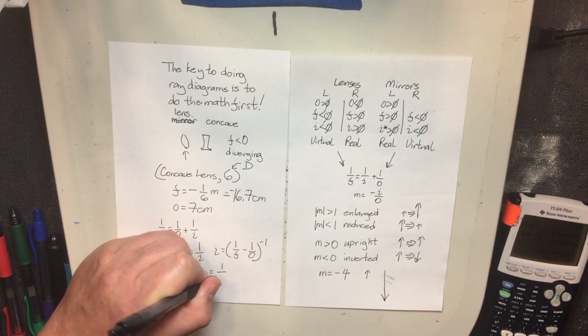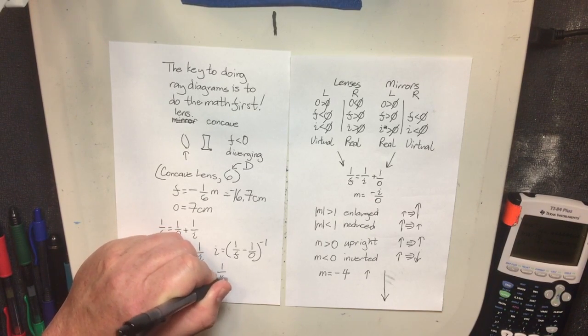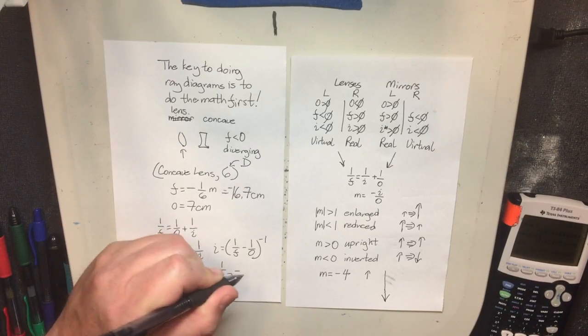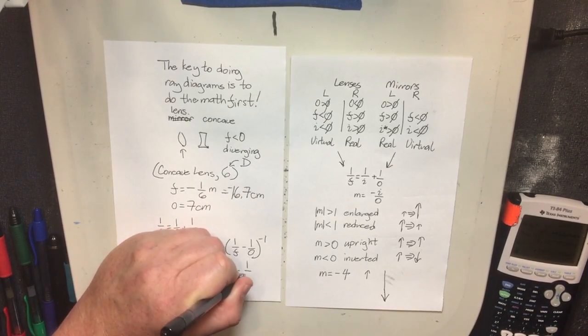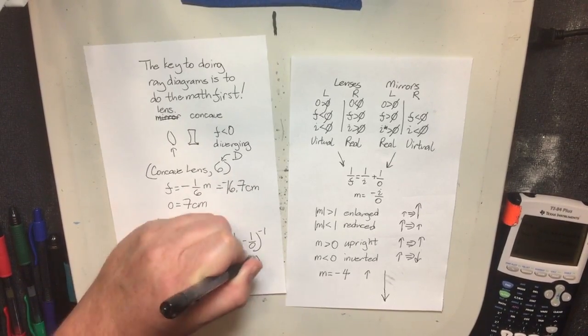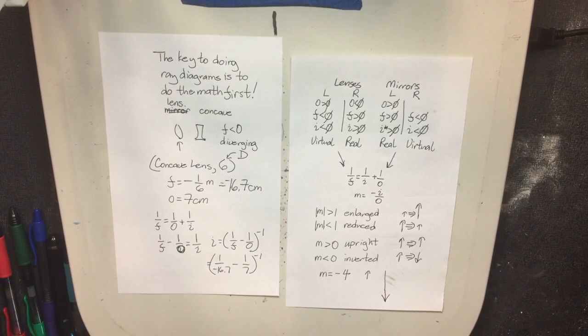So this becomes 1 over negative 16.7 minus 1 over 7, inverted. Let's do this. 16.7 inverted, minus second answer, minus 7 inverted.